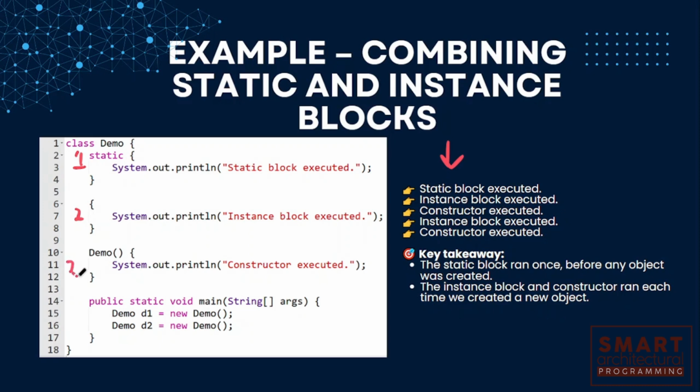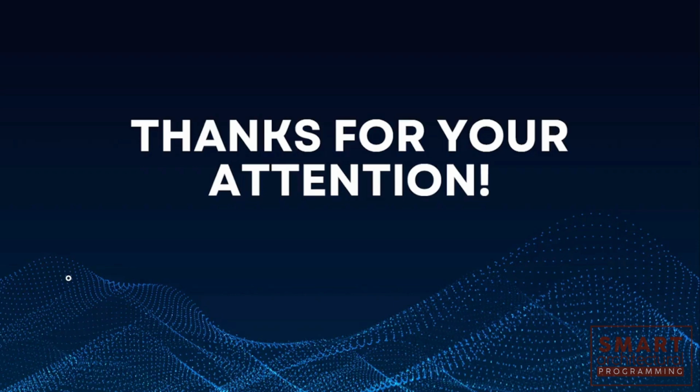That's point number 3. And then the instance block gets executed, and then the constructor is executed. So the key takeaway from this is that the static block runs once before any object is created, and the instance block and the constructor run each time we create a new object.